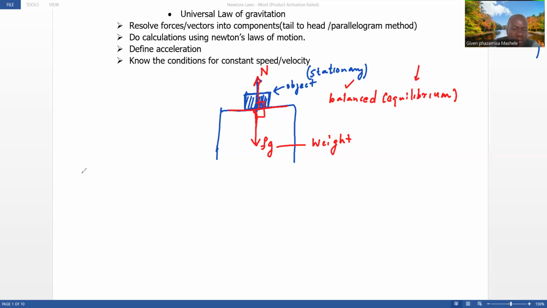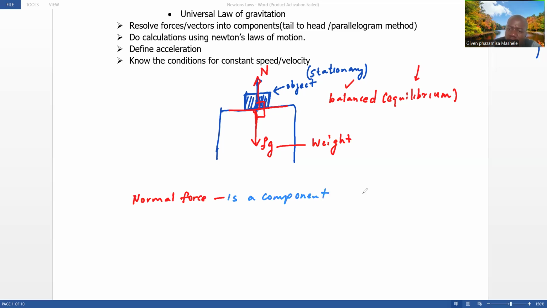Now, I want us to talk about what we mean by a normal force. Without wasting time, a normal force is a component of a force, or it's a force actually.